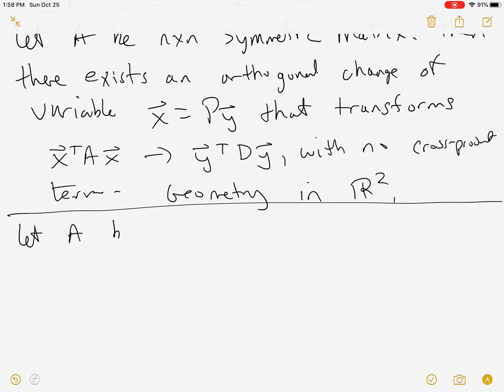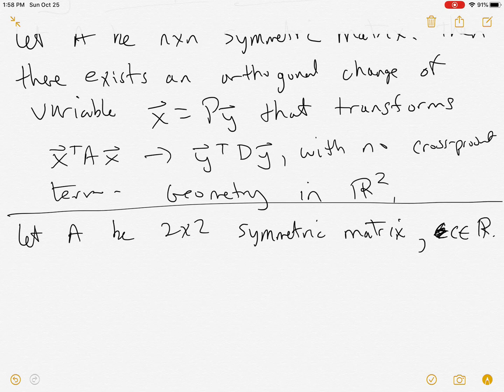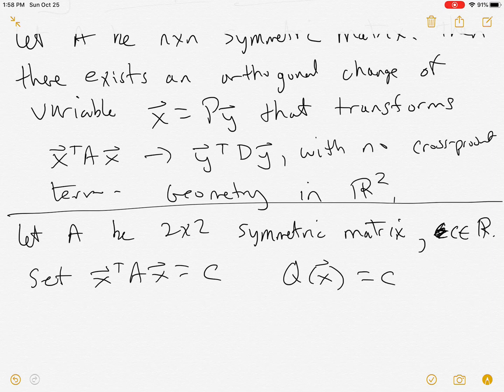Let A be a 2 by 2 symmetric matrix, and let C be some constant in R. So what you do is you set x transpose Ax equal to this constant. Right, so now we have this thing as a constant.